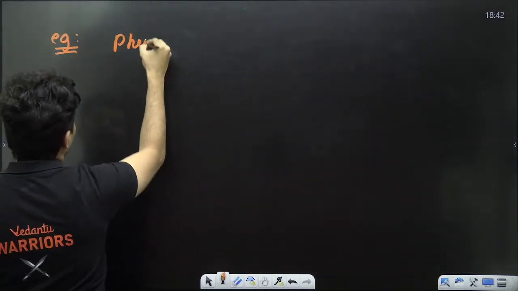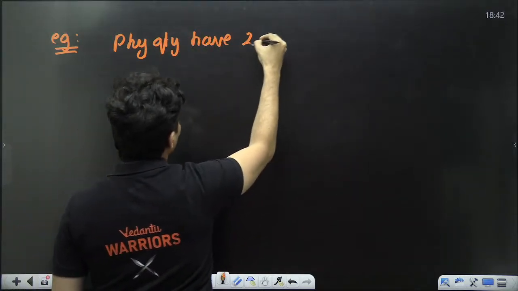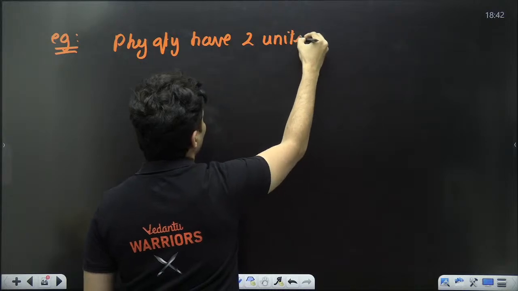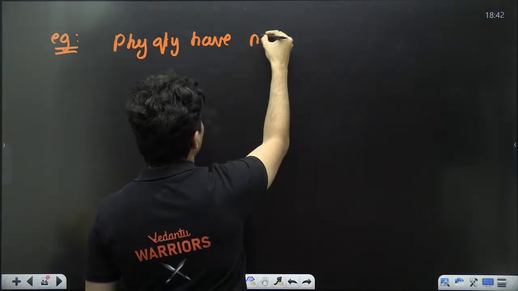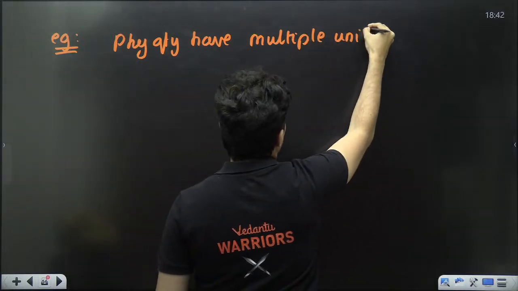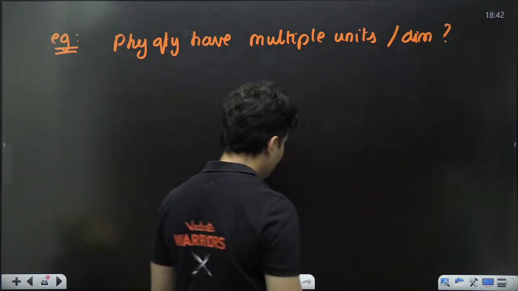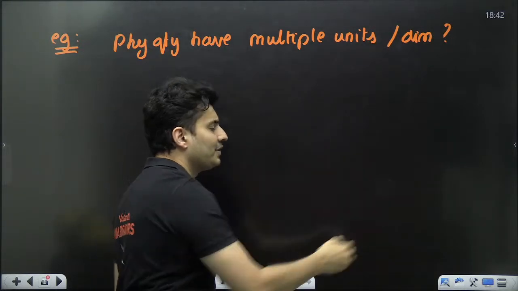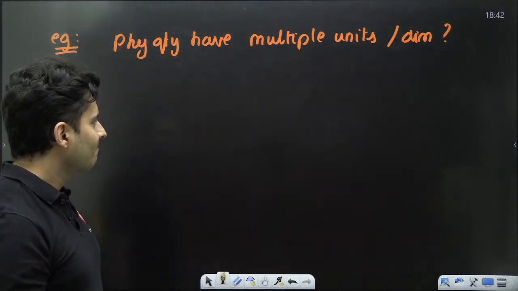Then, tell me my dear students, can a physical quantity have two units or basically have multiple units or dimensions? Is this possible? Can a physical quantity have more than one unit and more than one dimension?